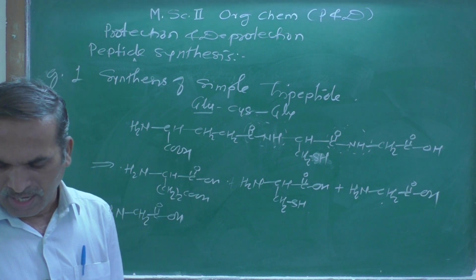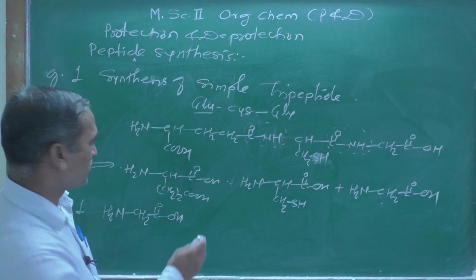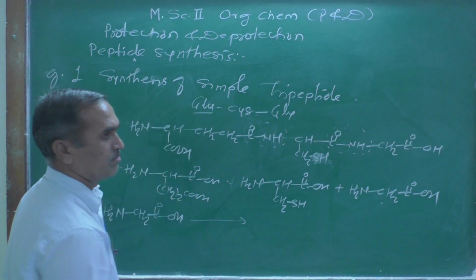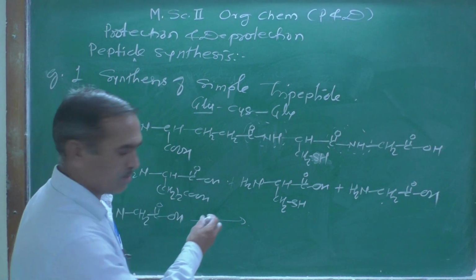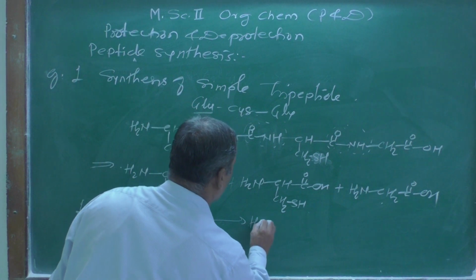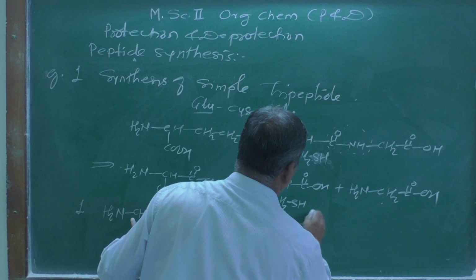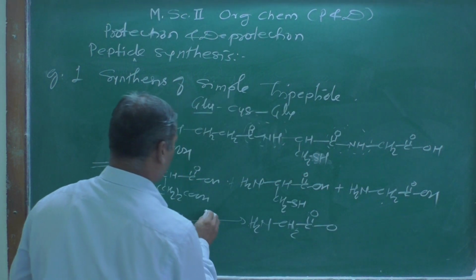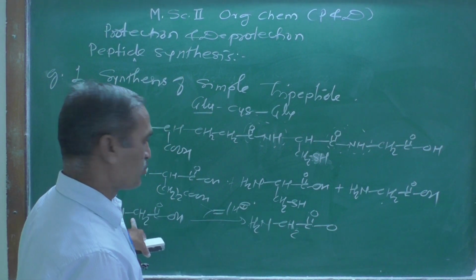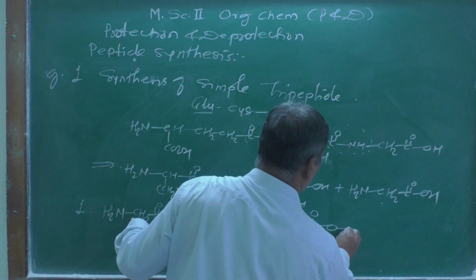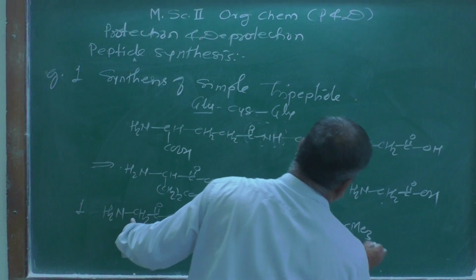Further glycine is treated with, suppose, an ester, and you are going to get H2N, then CH2 C double bond O. This will be treated with this one, C double bond O, in presence of H plus and isobutylene, and we are going to get here CMe3, this type of group.